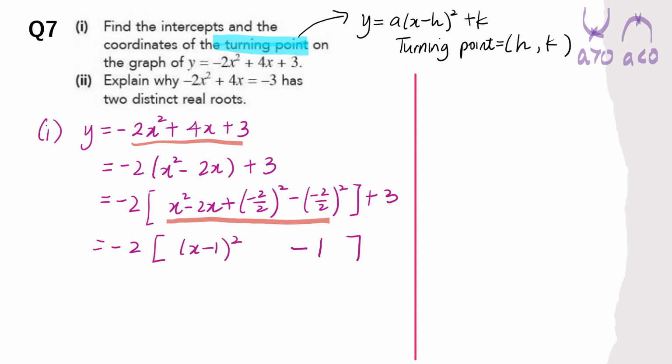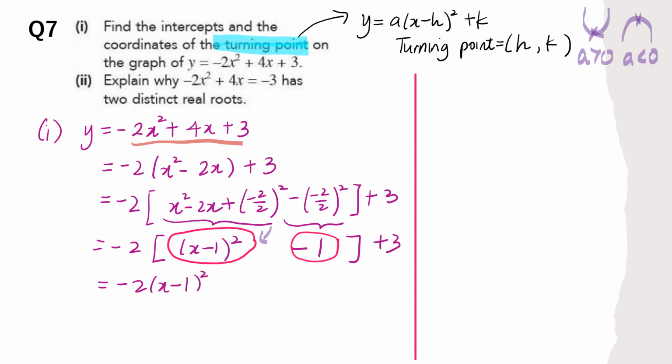Then the next step is, the first three terms in the bracket here will collapse into your square form. And then if you use a calculator to work out this term here, it gives you negative 1. The next step is you have to multiply the negative 2 into your square bracket.